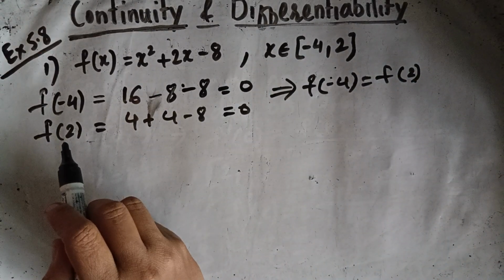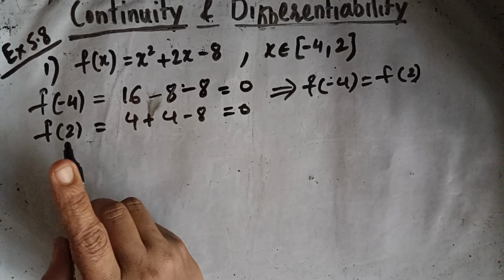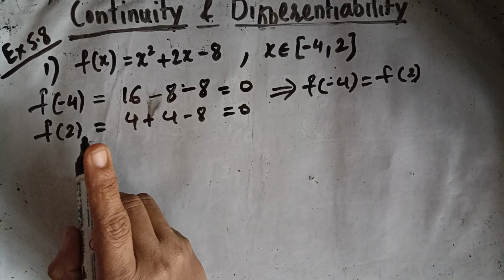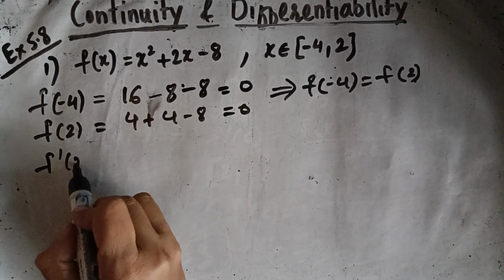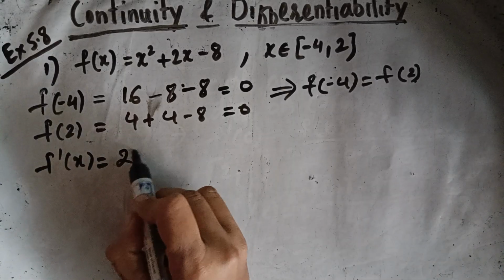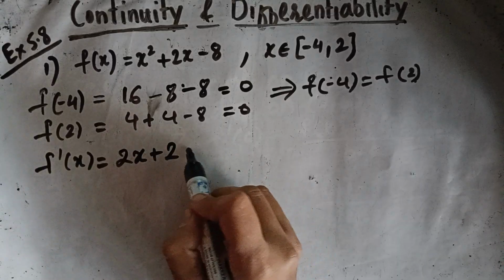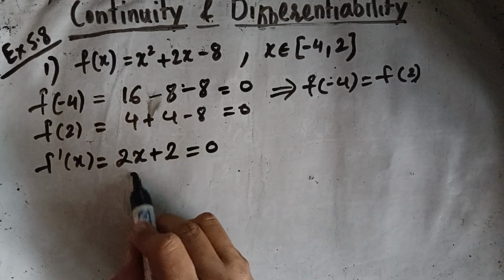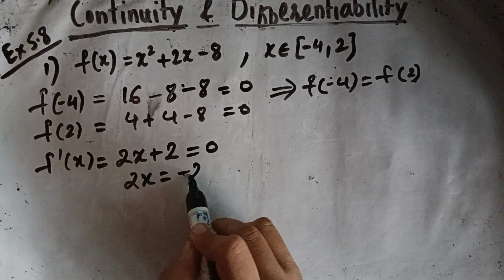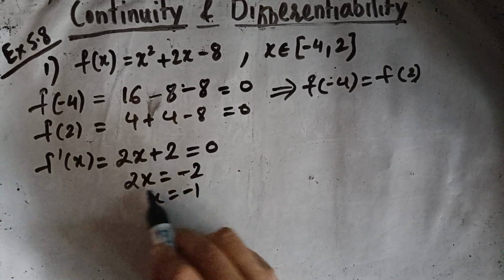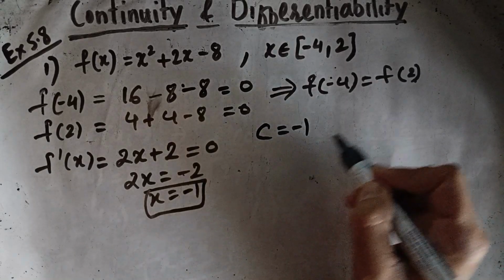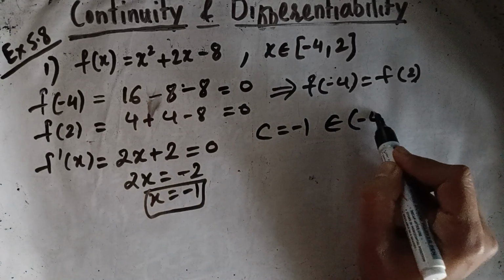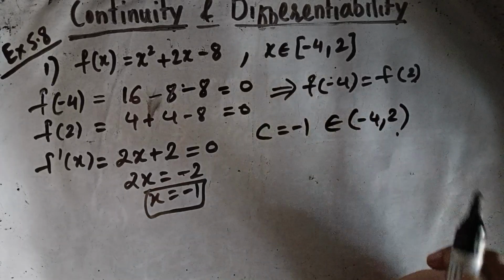Then we have to find c such that f dash of c is 0. So f dash of x is 2x plus 2. So if I take it equal to 0, x is equal to minus 1. So c is minus 1, which belongs to the interval (minus 4, 2).